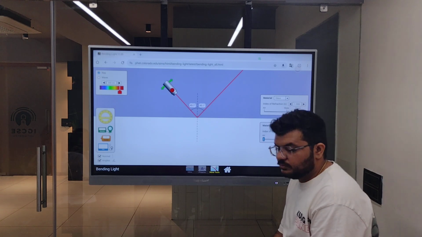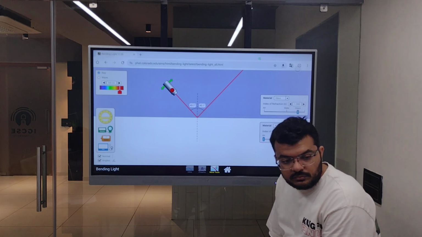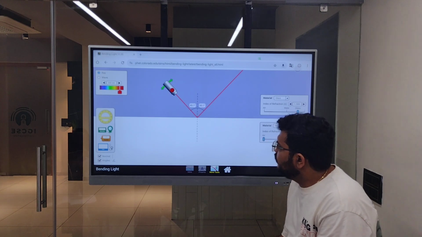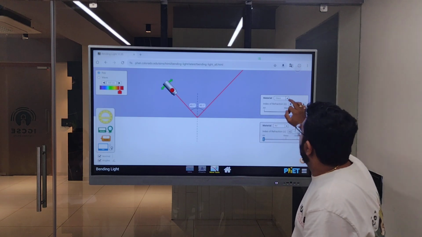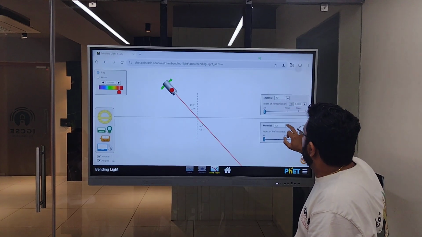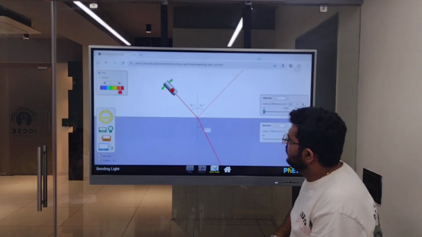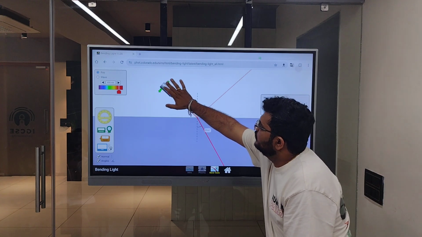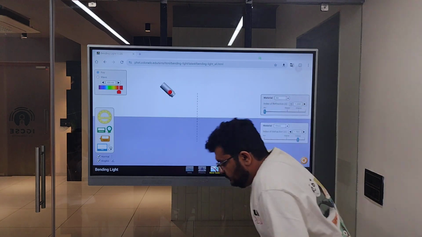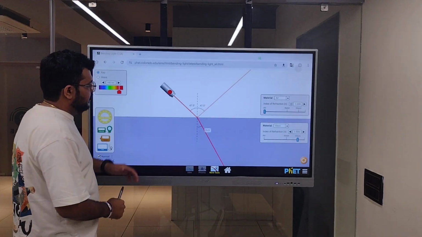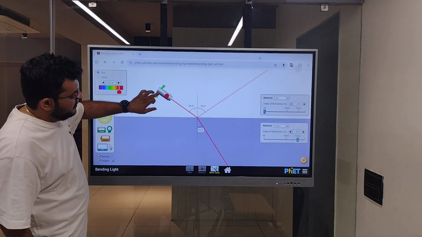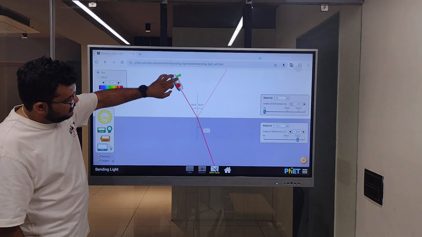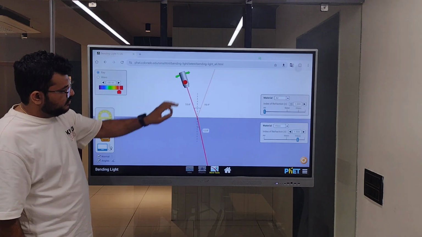Okay. So there is no way that the light in the rarer medium touches the normal, not in this case. But let's say the earlier case, if it is going from air to glass, if I move this in this form, let's say I move it here, it's going like this, but I move it here, it's going towards the normal.